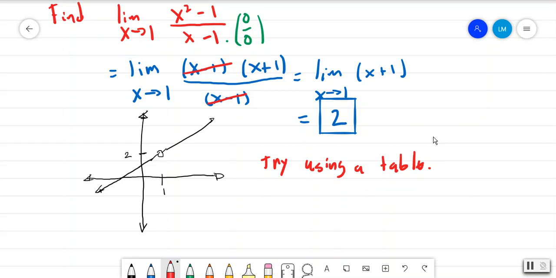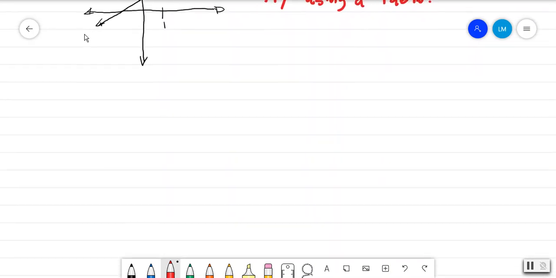Okay, so my next example happens to be more or less the same with respect to how we can find a limit.